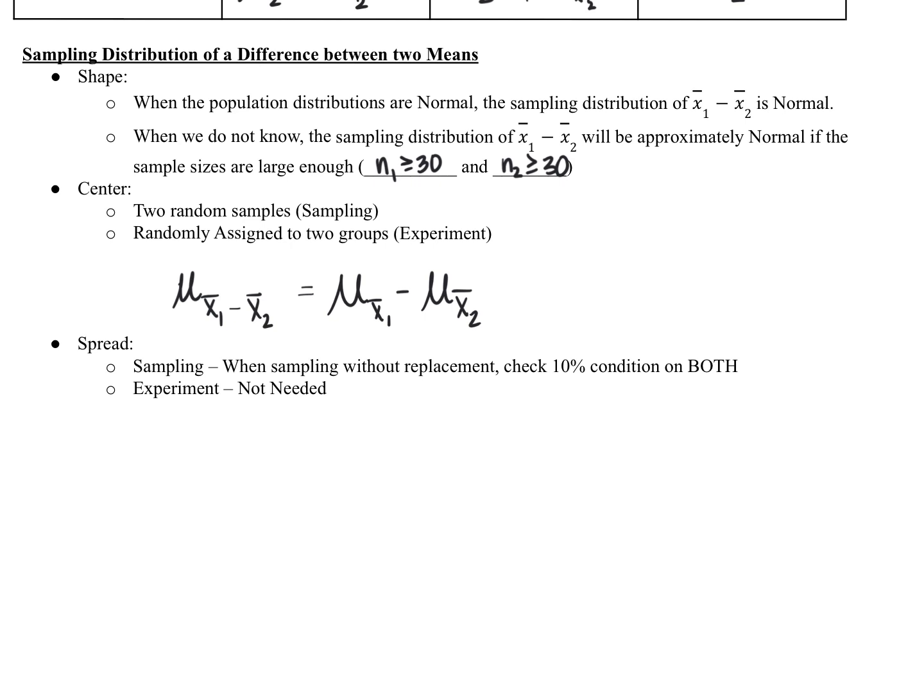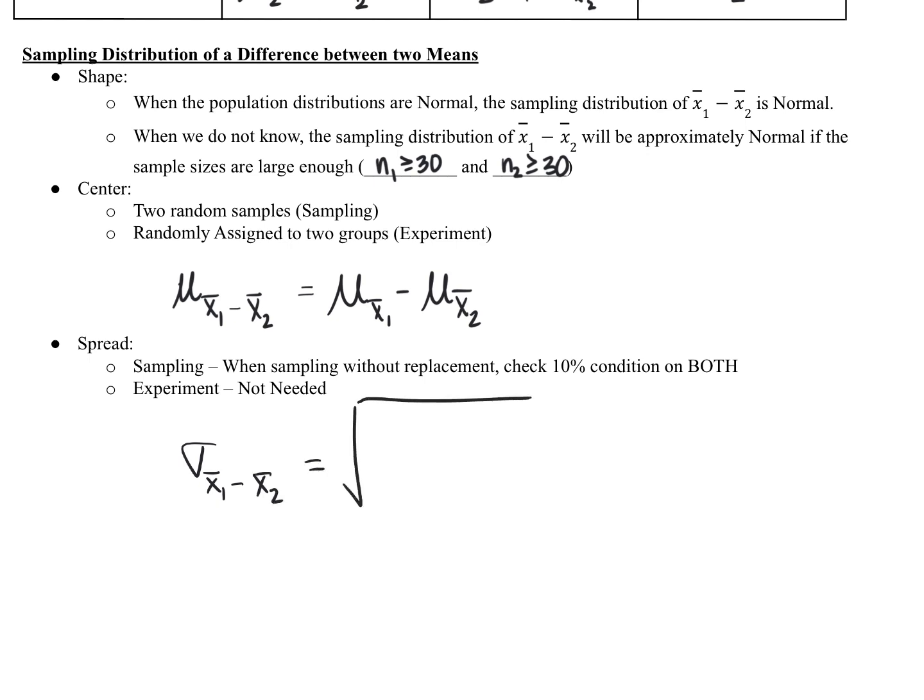So we have to check that the 10% condition is met for both sampling distributions. If you're performing an experiment, you don't need to check independence because by definition an experiment has independence already in it. So our formula for spread for the difference is very similar to when we were looking in section 1.